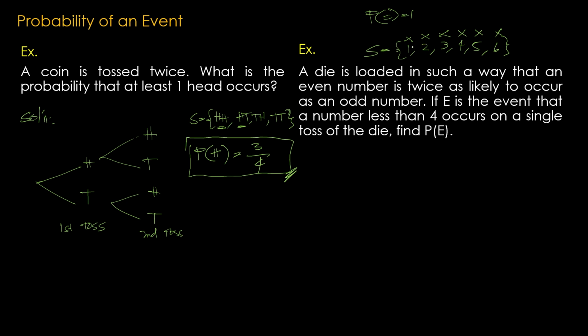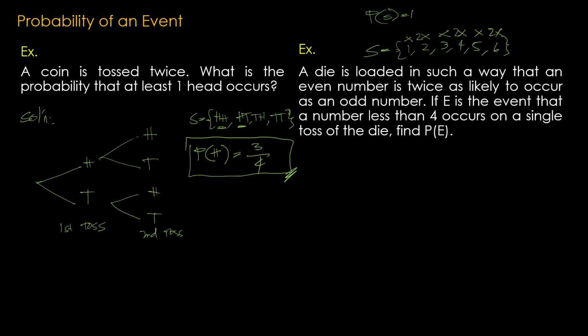If our odd number has the probability of x, therefore, for our even number, that should be 2x. Okay? For our even numbers, that should be 2x. And if E is the event that a number less than 4 occurs on a single toss of a die, we are to find the probability of E.